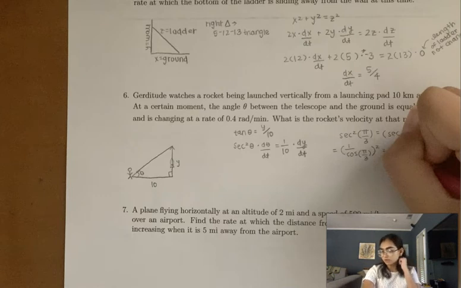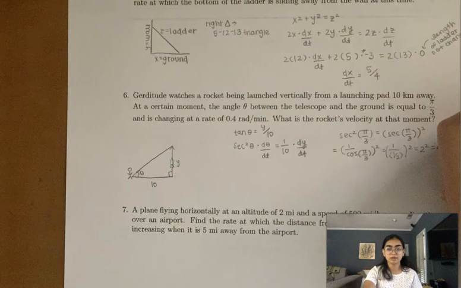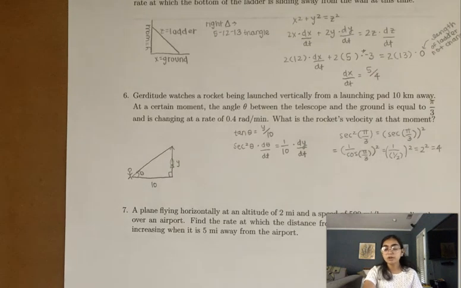Cosine of pi over 3, according to our unit circle, is 1/2. So we get 1 over 1/2, squared, all of that in parentheses. 1 over 1/2 is going to equal 2 because we divide 1 by 1/2 and multiply by the reciprocal, so we get 2. 2 squared is equal to 4. So secant squared pi over 3 is equal to 4. So this term right here is going to be equal to 4.